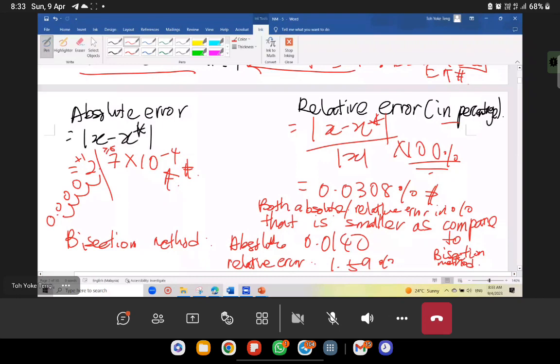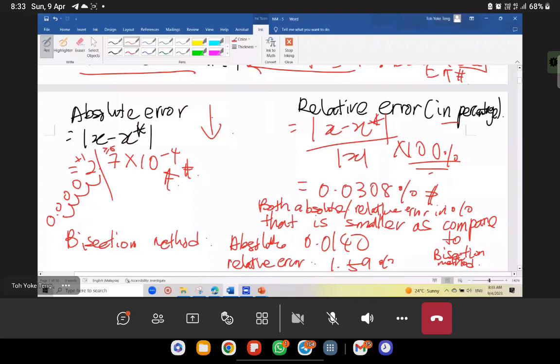If the question asks you to justify it, you may just write it down, the value is smaller or bigger or larger, up to you which words to use. So you can conclude that it is more accurate, since you know the absolute error and the relative error are smaller.